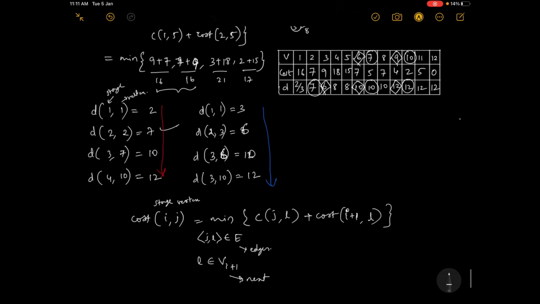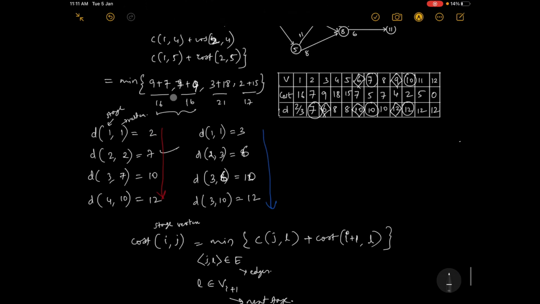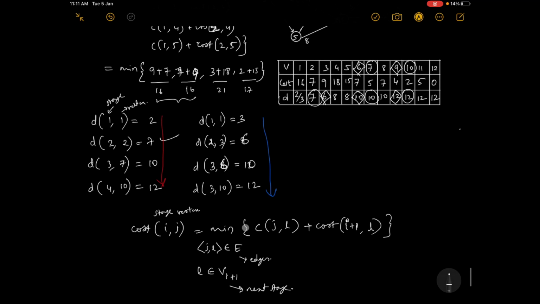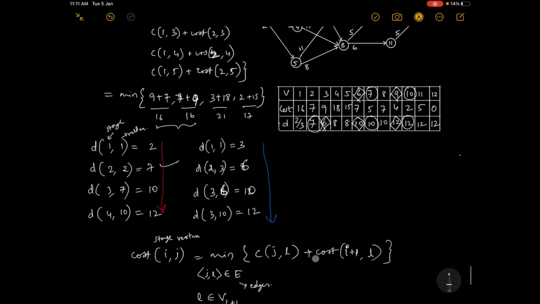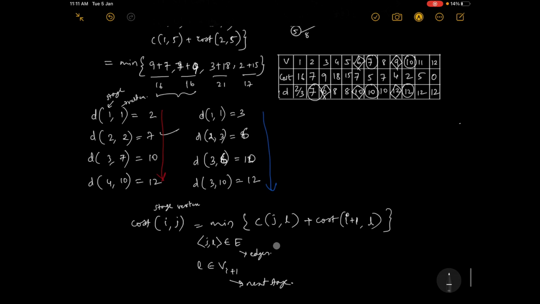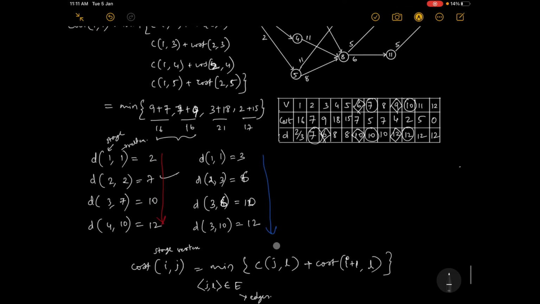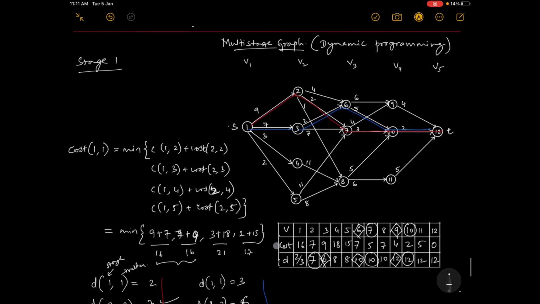This is the generic formula. We implemented this first and then derived the formula; if I had told this earlier, you would have been confused. So with this, I think you have understood this multistage problem.